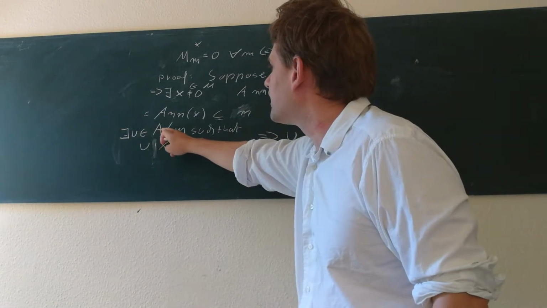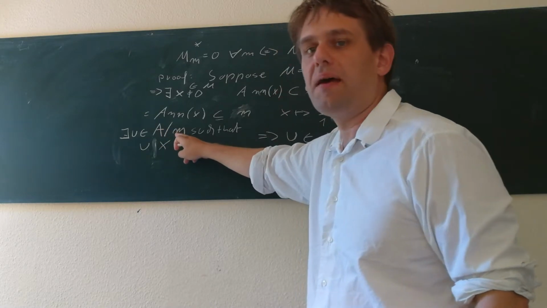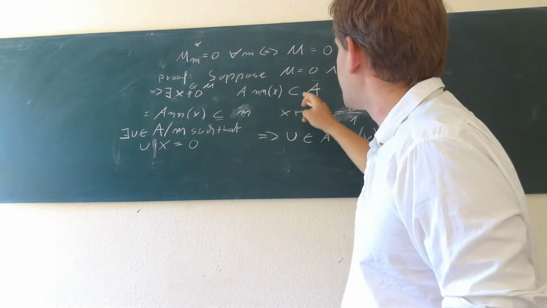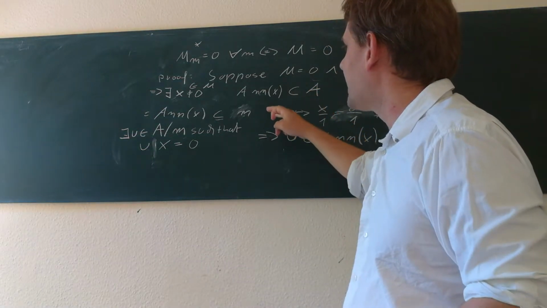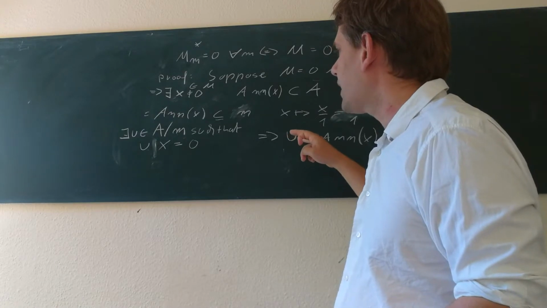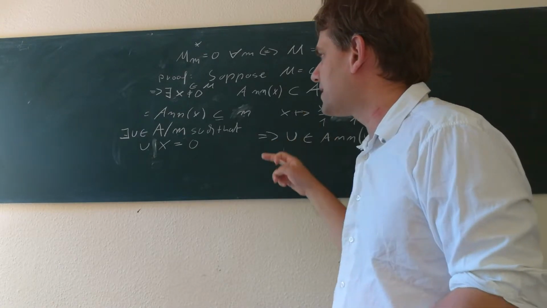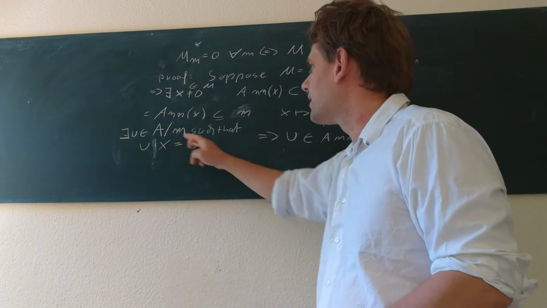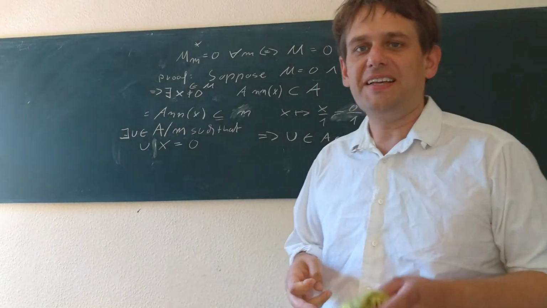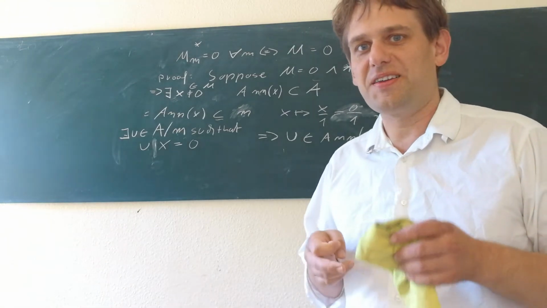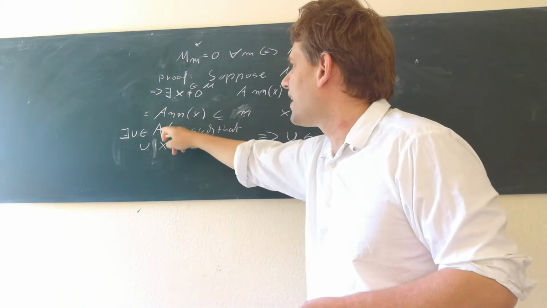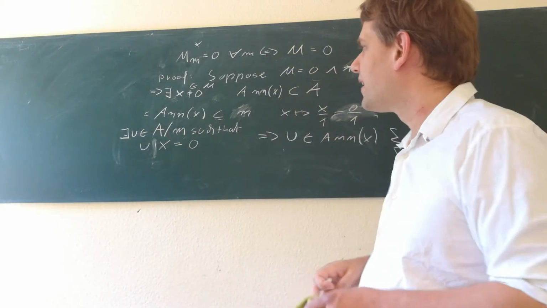inside A without m, because remember when we say that we are localizing at m, the subset which is usually called S that we are using to localize is this one, A without m.